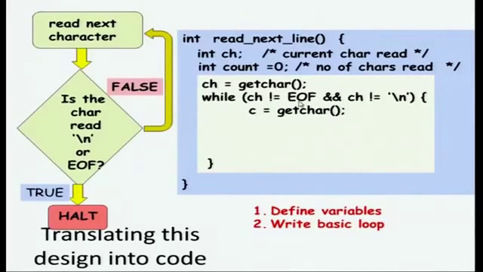So, because of this -1, you cannot keep the return value of getchar as a character. It technically has to be an integer. So, this is a technicality. So, keep that in mind.